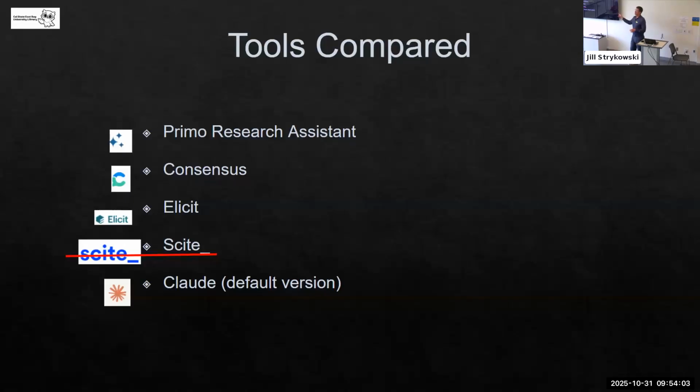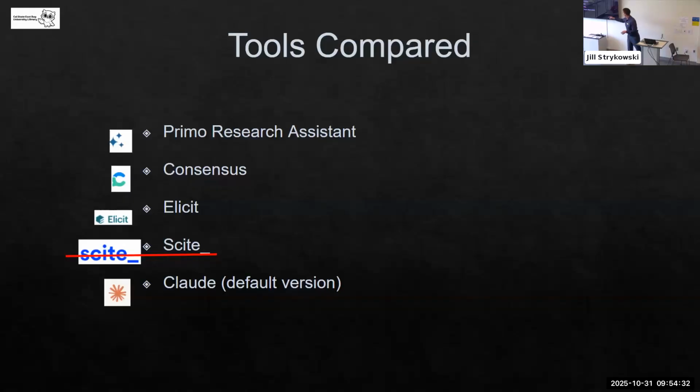So I thought it would be interesting, but it really crashed, at least on my first 3 tries. It was the only one that refused to give me any papers for 2 of the first 3 questions. And then on the second question, when it actually gave me papers, it gave me 5 papers that, according to Scite itself, were not relevant, right? They have their own relevancy ranking tool, so why would you give me 5 papers which you don't think are relevant?